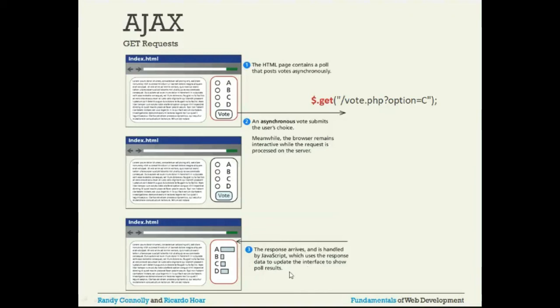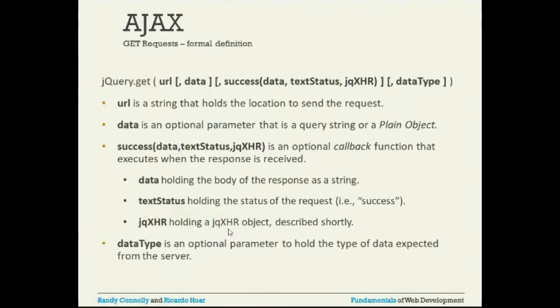Maybe the collective response is received, including this particular vote, and according to that you show either numbers or a bar chart of the different levels of voting: how many are in A, how many in B, how many in C, and how many in D. So this is how you can dynamically change only this part without impacting the other parts of the page.